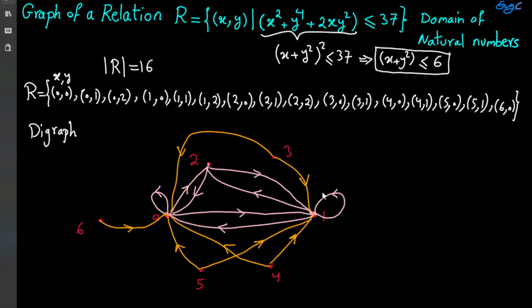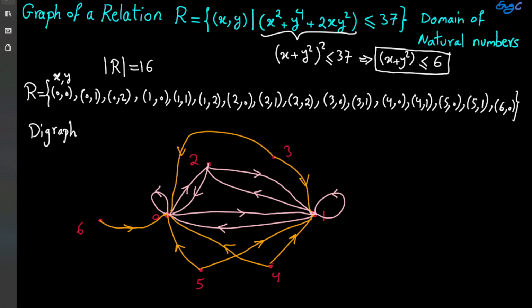As you can see, we have 1, 2, 3, 4, 5, 6, 7, 8, 9, 10, 11, 12, 13, 14, 15. Am I missing one? So 0, 0; 0, 1; 1, 0; 0, 2; 2, 0; 1, 1; 1, 2; 2, 0; 2, 1.